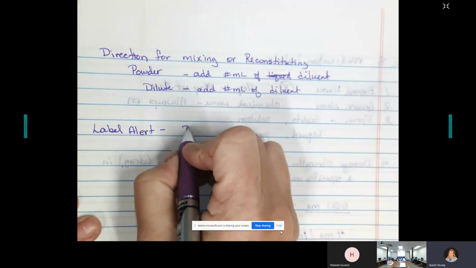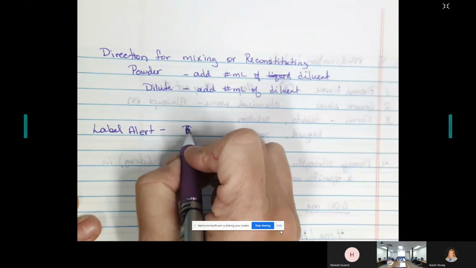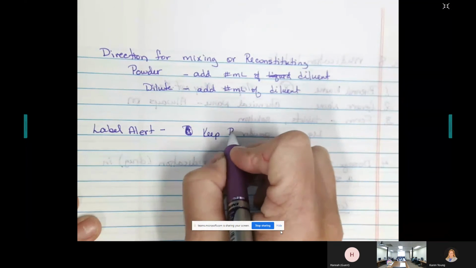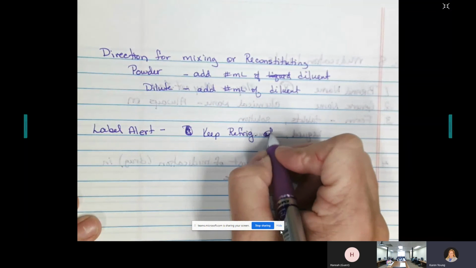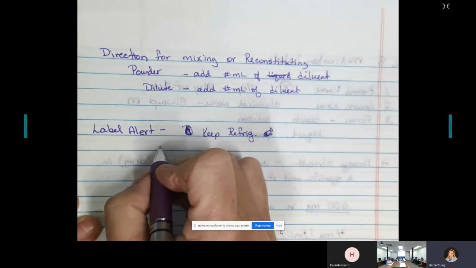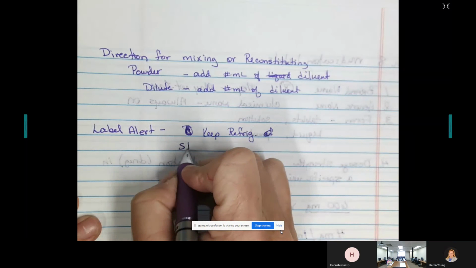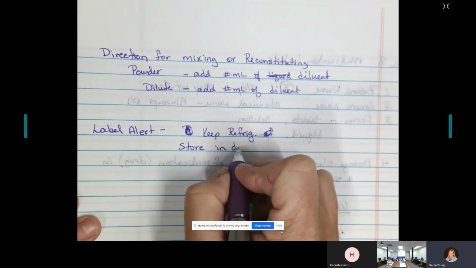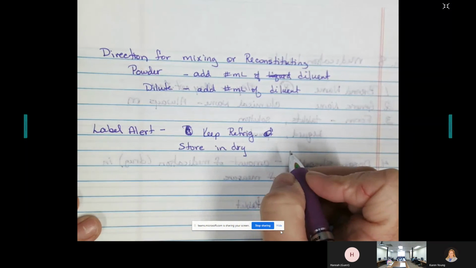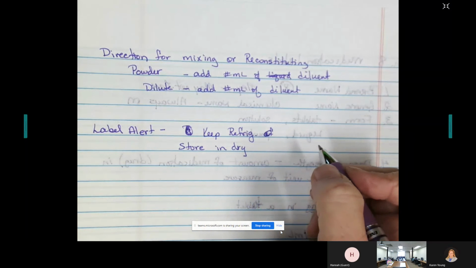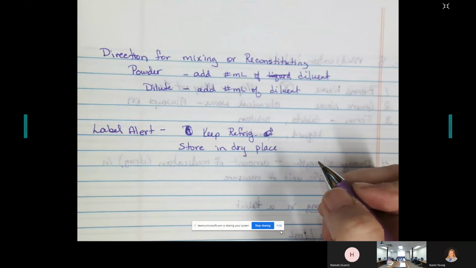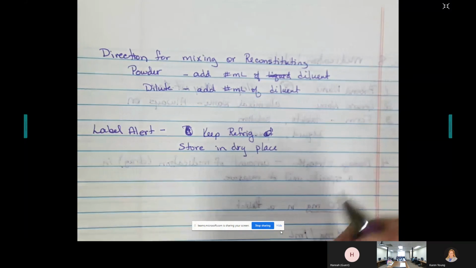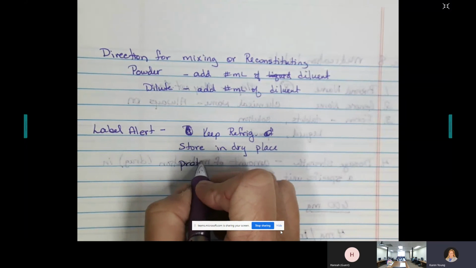Label alerts would be like keep refrigerated, or store in a dry place. Protect from light is another one.